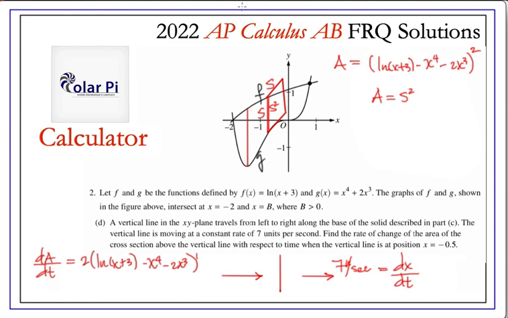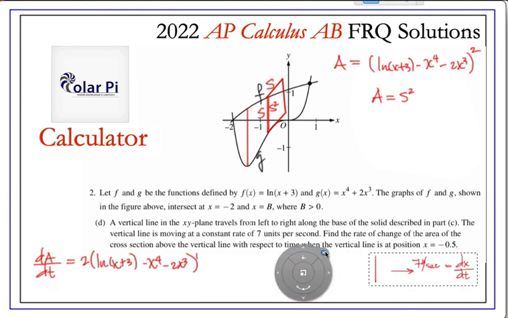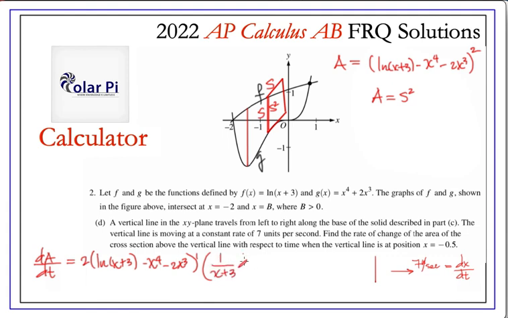And then by chain rule, we want to multiply by the derivative of the inside. So that's going to be 1 over (x plus 3) times dx/dt, and then minus 4x cubed dx/dt, and then minus 6x squared dx/dt.